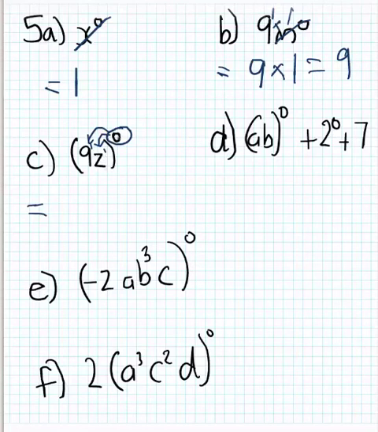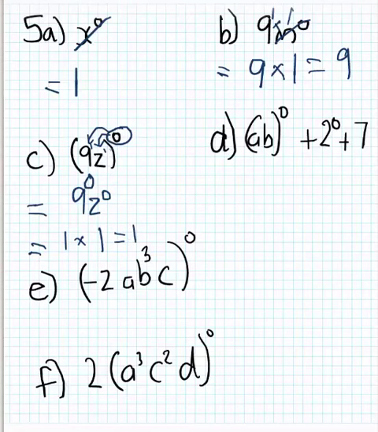Now we can get our bases ready, so 9 and z, and we've got 0 times 1, which is 0. 0 times 1 for the z is 0. Now they both have the power 0, and anything to the power of 0 is 1. So 9 to the power of 0 is 1, with a times in between them. z to the power of 0 is 1, and 1 times 1 is just 1.